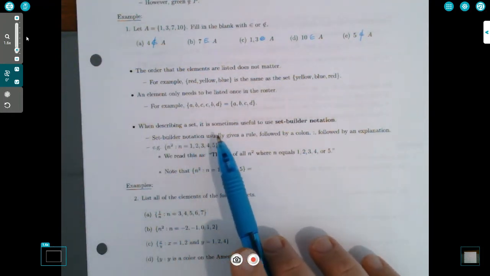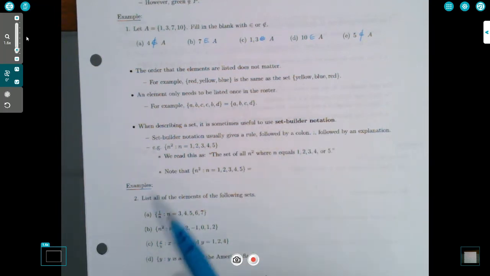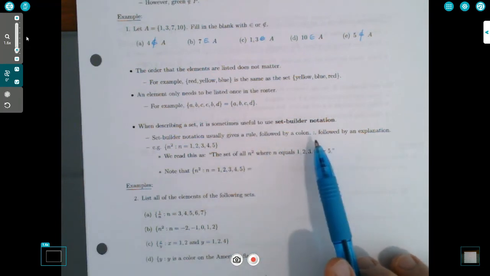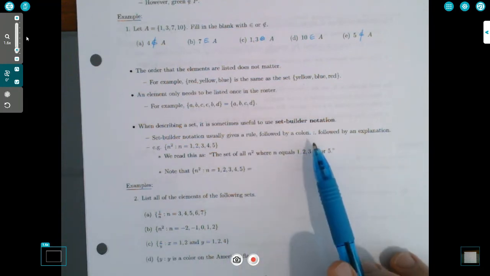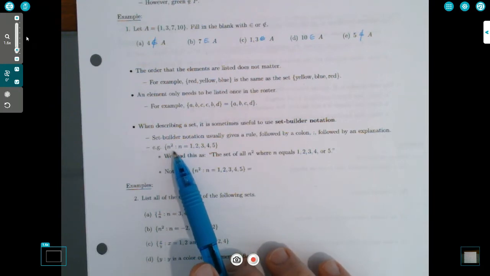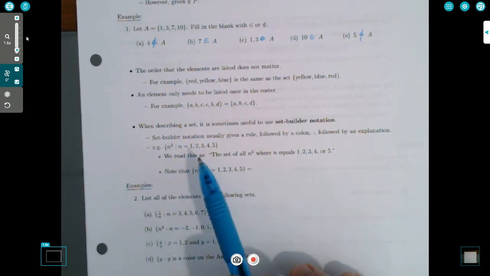Now, when describing a set, it's sometimes useful to use what we call set builder notation. And set builder notation usually gives some kind of rule followed by a colon, right, which is that little dot dot thing, and then followed by an explanation. We read the colon as where. So for example, if you're looking at the set of all n squared, where n equals 1, 2, 3, 4, 5, right?